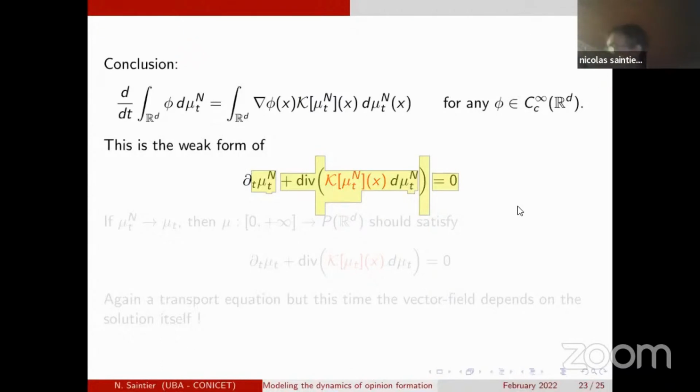But you see that things get complicated because now the vector field in my transport equation depends on the solution itself. Because the whole population influences every individual in the population, which then changes its direction. There is a retroaction between each individual and the whole population, right?